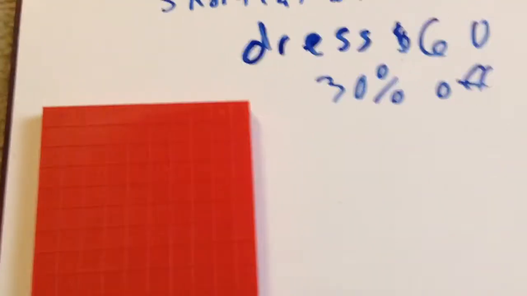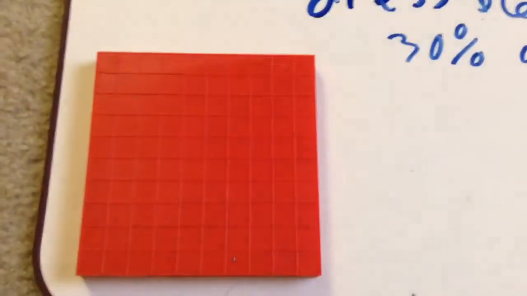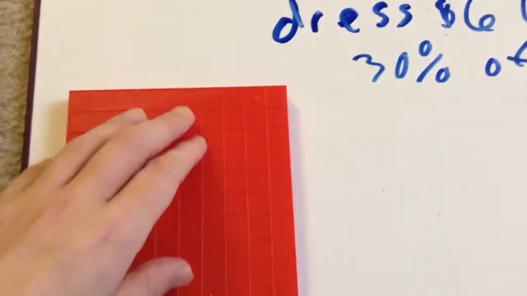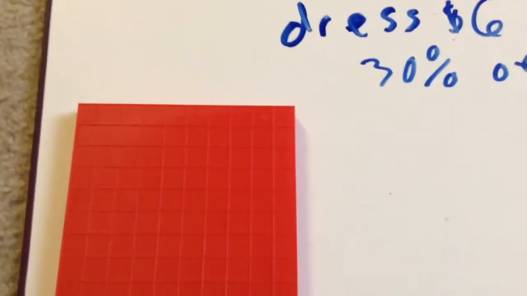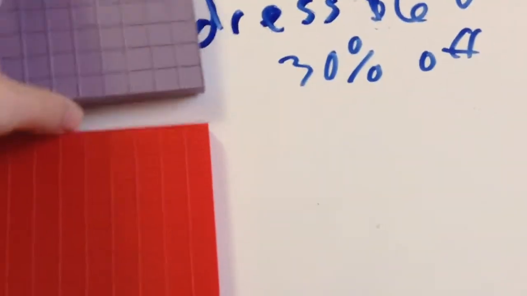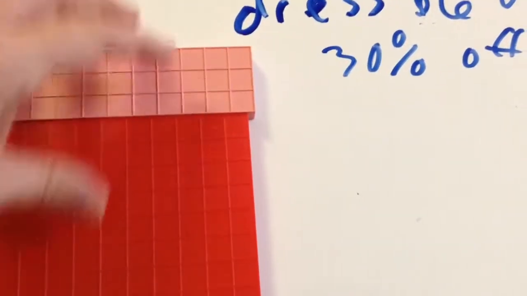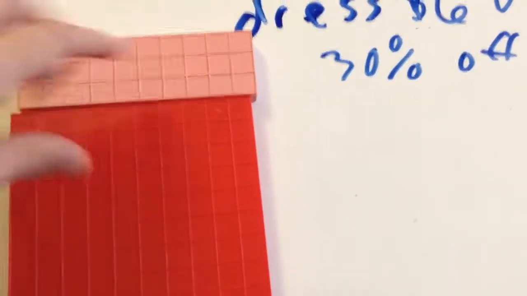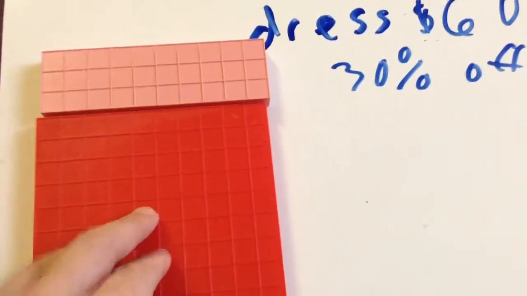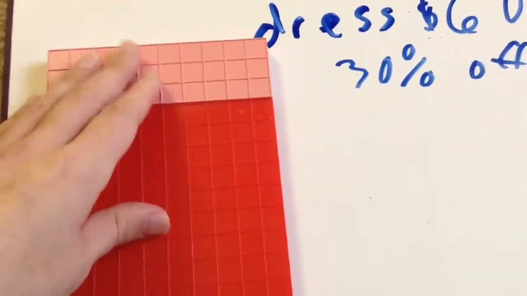Okay, so the way we can show percent, since it means per hundred, with these blocks that I'm using, is this is 60. Oh wait, I'm sorry. It's 30% off, right? So this is 30, and we can say this is 30 per hundred, 30%. Okay.